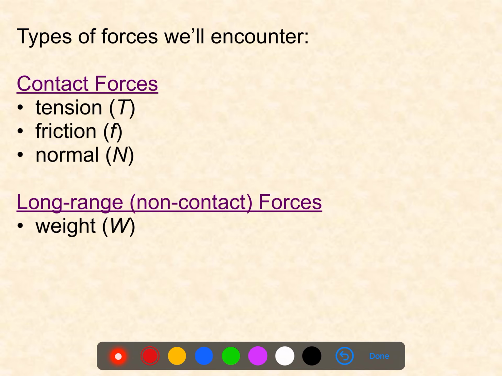And then there's the non-contact forces. Mainly we're just looking in Physics 1 into gravity, which provides the weight on the object. When you get to Physics 2, you'll discuss some other long-range, non-contact forces such as the electric force, but for now we're going to constrain that discussion primarily to the weight force.